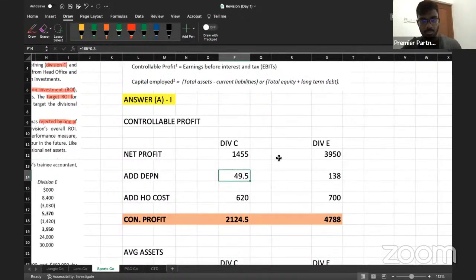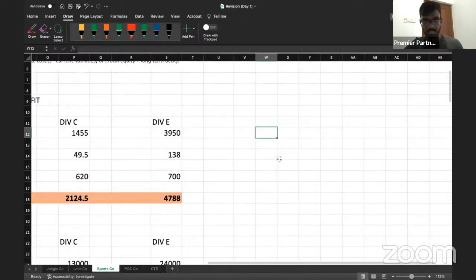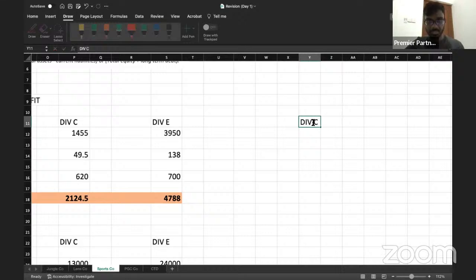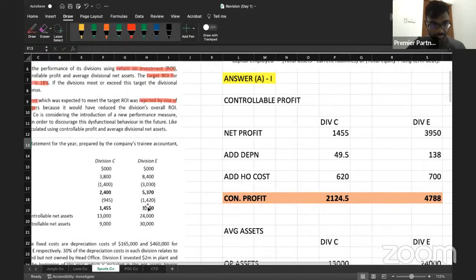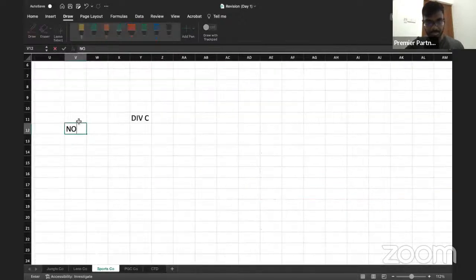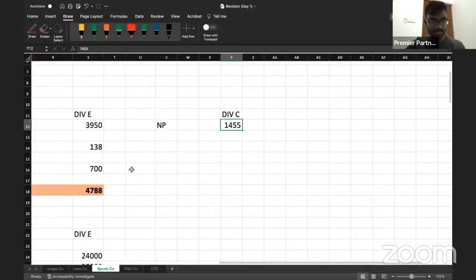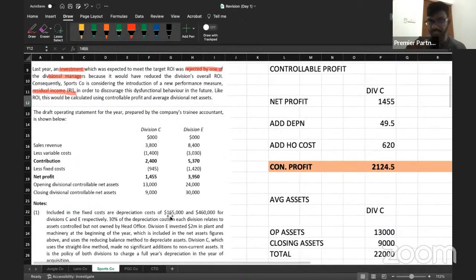People, so you can get the answer in this way as well. So I'll say division C. Total profit, how much? Net profit is 1,455, right? So in this, you have a depreciation of 165. You have deducted this, right?